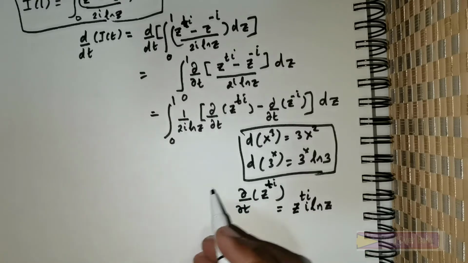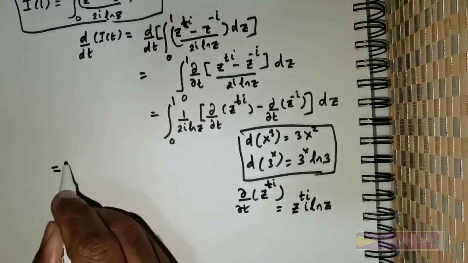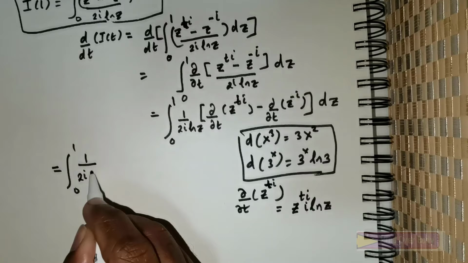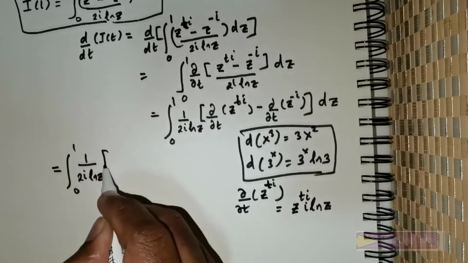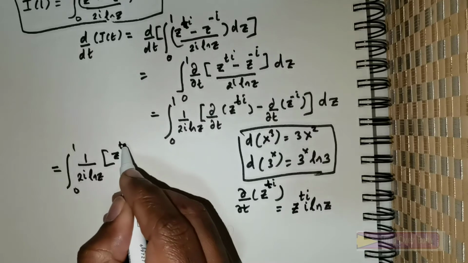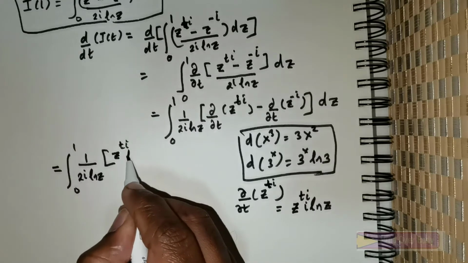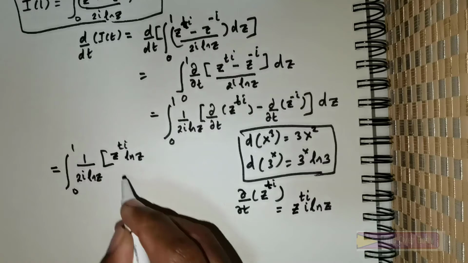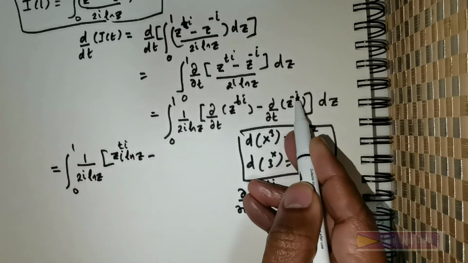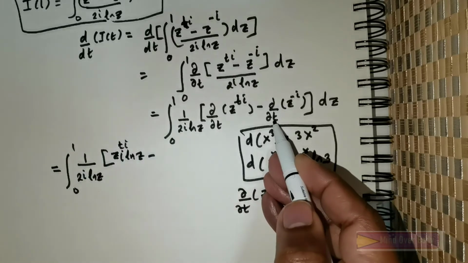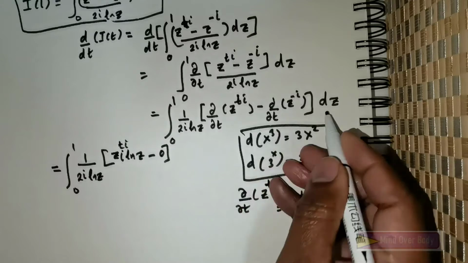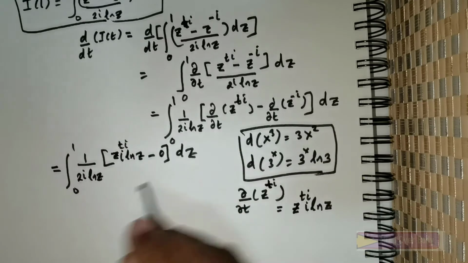So this is rewritten as integral 0 to 1 over 2 times i ln z, open the parenthesis, you write this quantity z raised to the power ti times ln z, and there is an i there, write the i there, negative. Now this is a constant and this is the variable with which we have to differentiate, that's going to be 0, times dz.